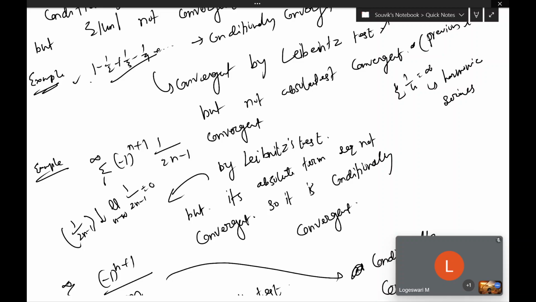But its absolute term series is not convergent. The absolute sum is 1, 1 third, 1 fifth, and so on. It is obviously divergent because the harmonic series itself is divergent. So this given series is conditionally convergent.